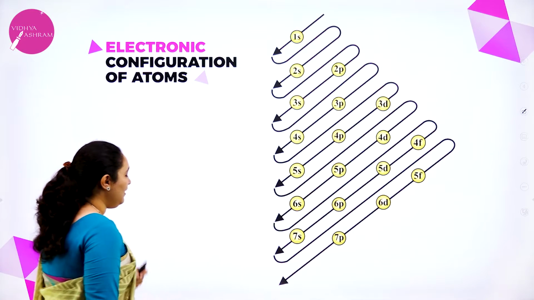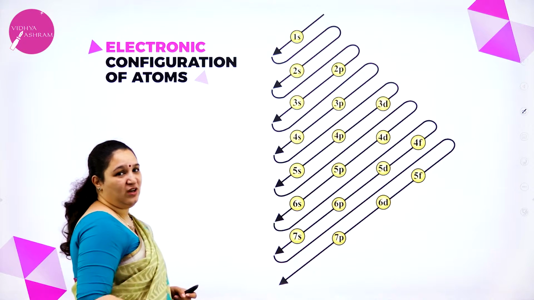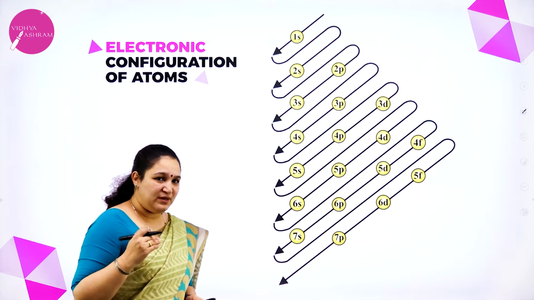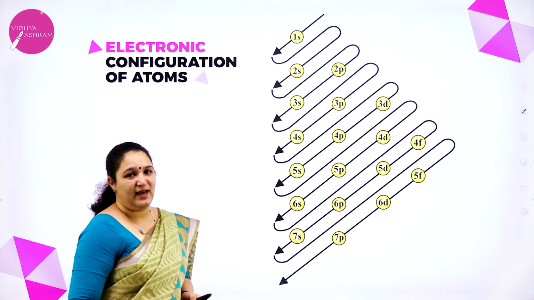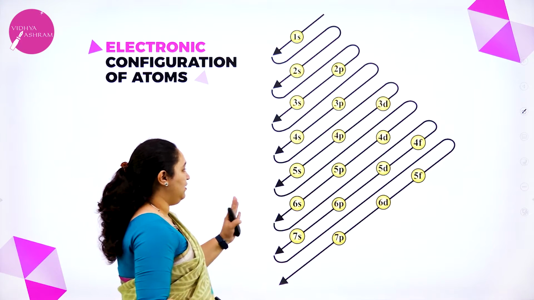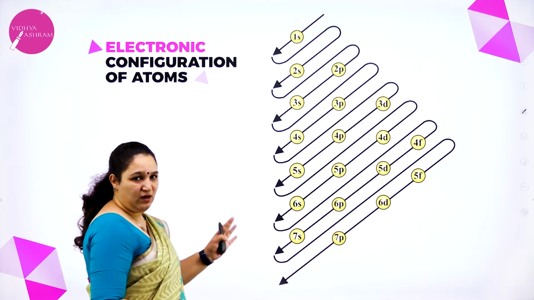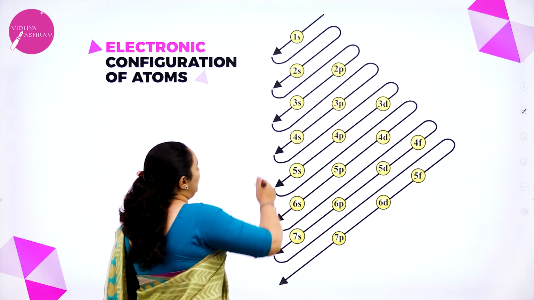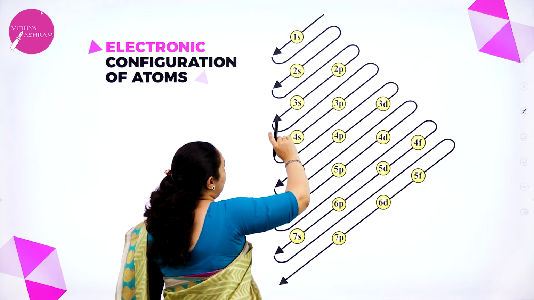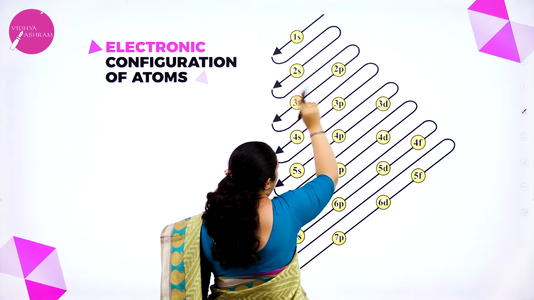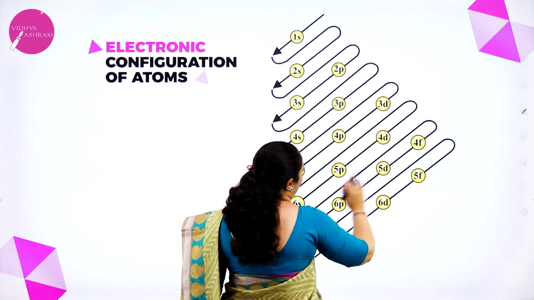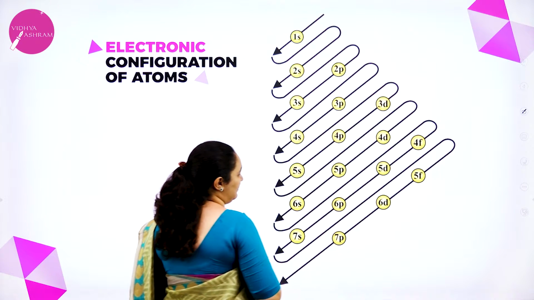Next, electronic configuration. You have learnt in school how to write the electronic configuration, but yet again I shall explain. To make it very easy, you can remember how to put this diagram. Here you can see we write 1s because the first shell has only one orbital, the second shell has two subshells or two types of orbitals, the third shell has 3, and fourth, fifth, sixth and seventh we write this way.